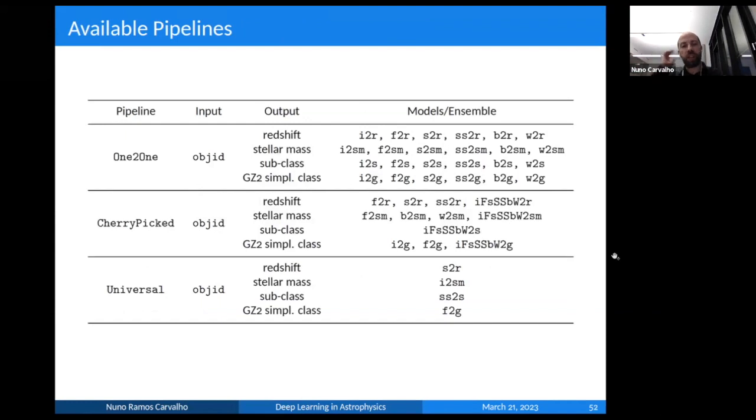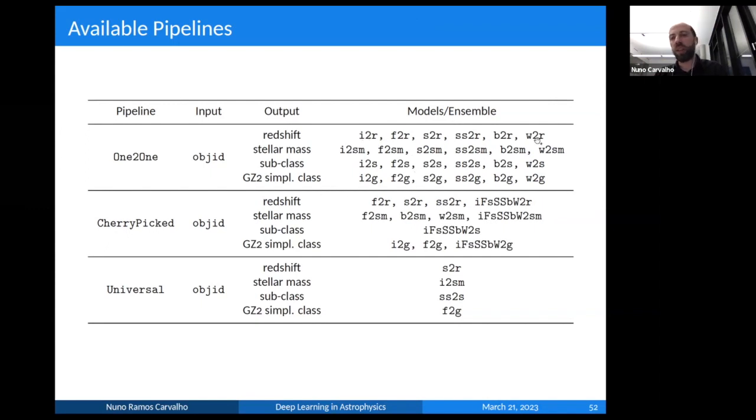And here we have the definition of some simple pipelines that we have created. Basically what you need to do to create a pipeline is just define the models that you want to use. And since we defined very well at the beginning our inputs and how the models are working, all this just integrates together very well. So for example, in our one-to-one pipeline, we apply all the single input, single output models for all the outputs of interest.